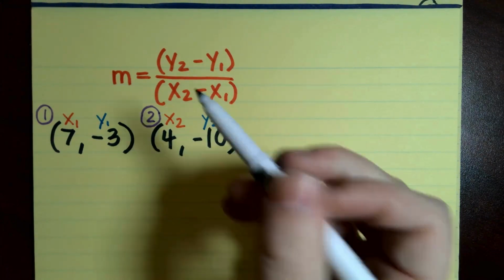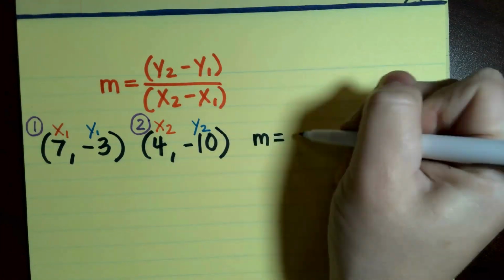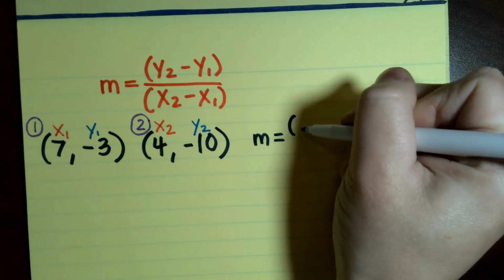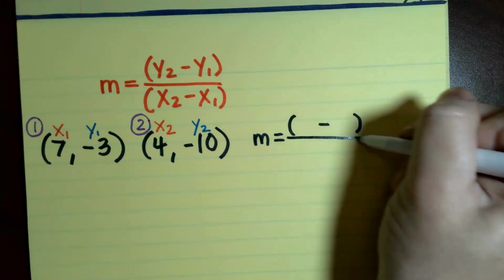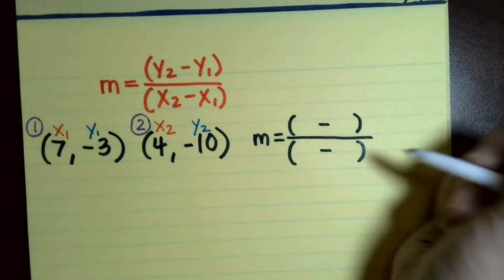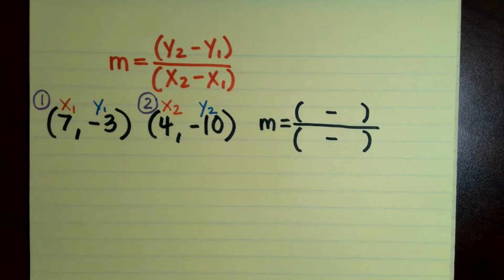I'm going to write out to the side here what I'm going to be plugging these values into. So my y minus my y over my x minus my x. What should we put in the top parentheses?